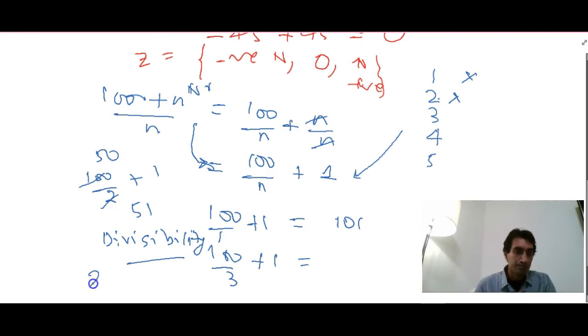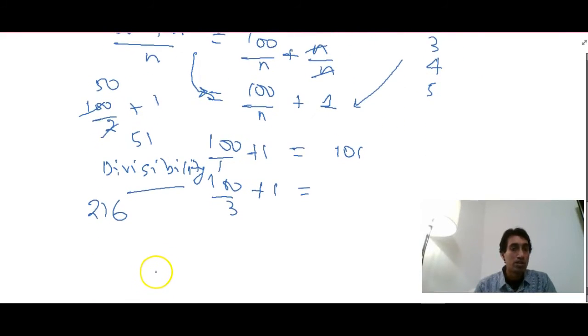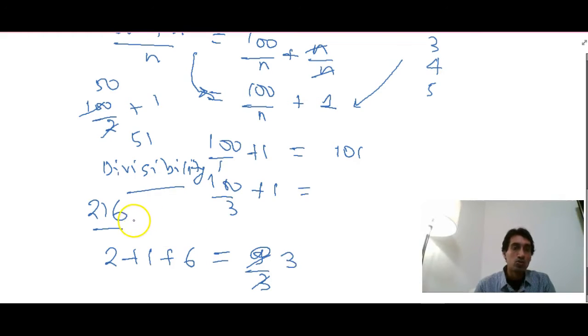For example, if I say 216, we add the individual digits of this number, that is 2 plus 1 plus 6, which is 9. Now 9 is divisible by 3, so 216 is also divisible. This is the divisibility rule of 3. So we can see that 100 is not divisible by 3. So 3 is our answer.